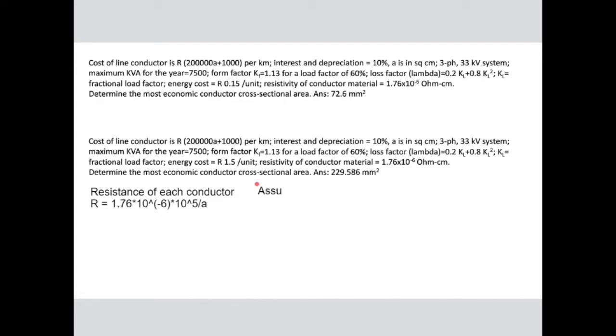We assume the length of the line is 1 kilometer. You could choose L kilometer as well, like we did in the other case. They will cancel each other on either side. So the R value will be equal to 0.176 over A ohm. Do you get this value? Does everyone have this value?